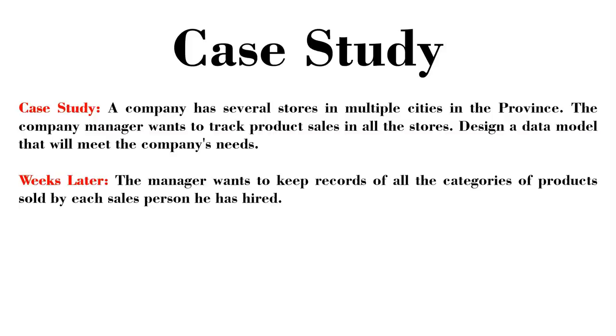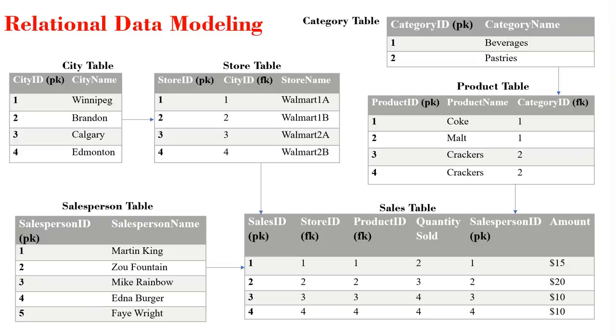Okay, I guess you are done now. If you answered it correctly, then you should get a model that looks like this. Unlike the salesperson table, which links directly to the sales table, the product category links to the product table, and then the product table to the sales table.